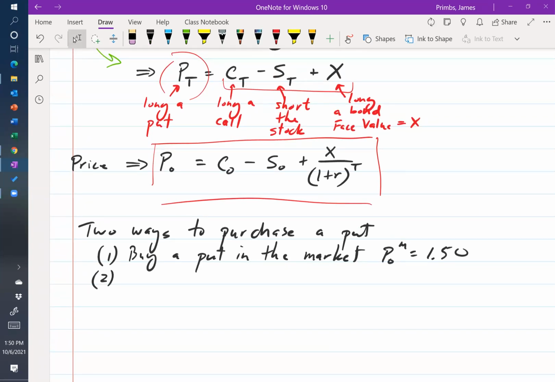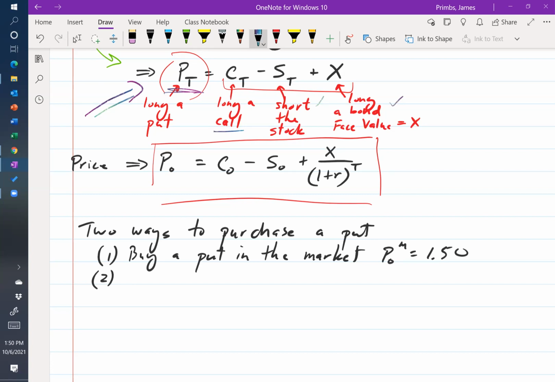Put call parity said that another way to get the payoff of a put is actually to go long a call, short the stock, and long a bond. That's another way to buy a put.